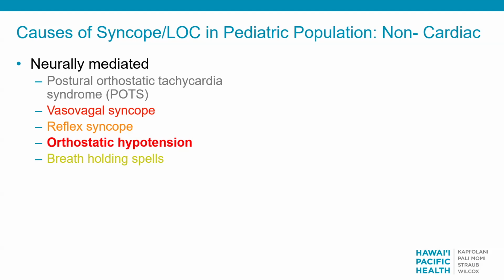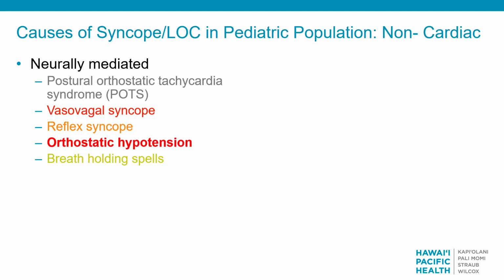So reflex syncope is a little different because reflex is like I see blood, or I have pain, or they poke me with a needle, and they freak out so much, they have such a vagal response that they stop beating. They have asystole for 10 seconds, and of course, nothing goes to the brain, so they faint because of that.